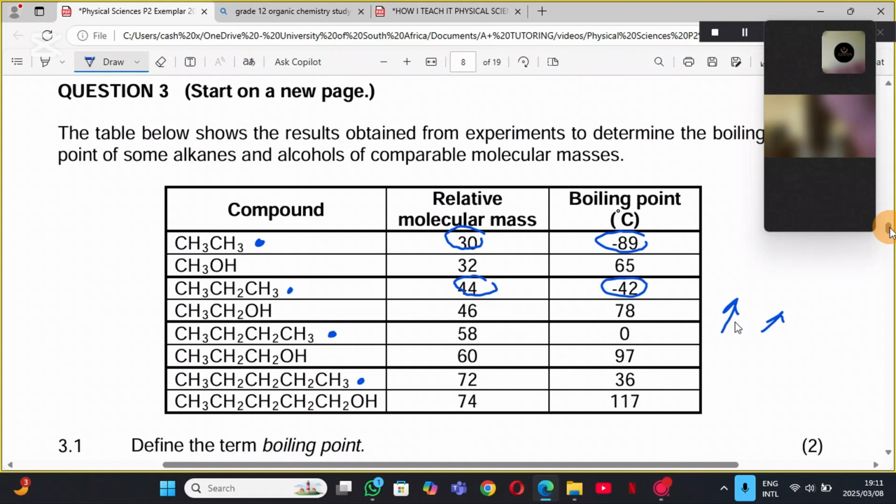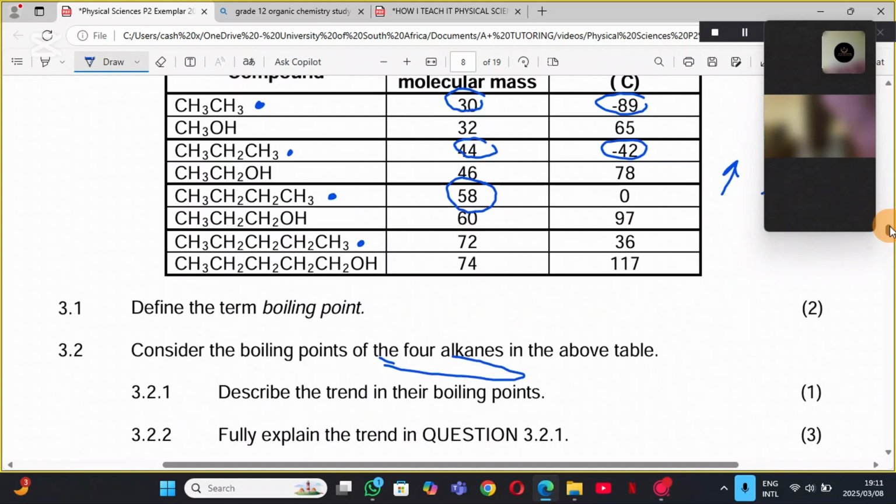Now that's where they say that you need to explain it. How are you going to explain it? Remember that the higher molecular mass means that I'm just adding elements. For example, I started with CH3, meaning it's this one.